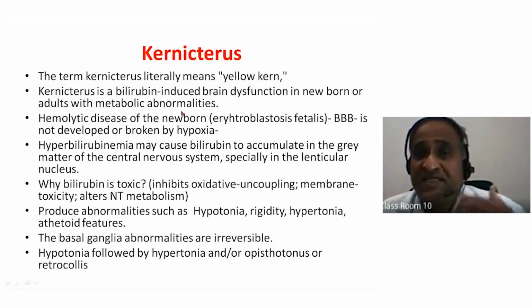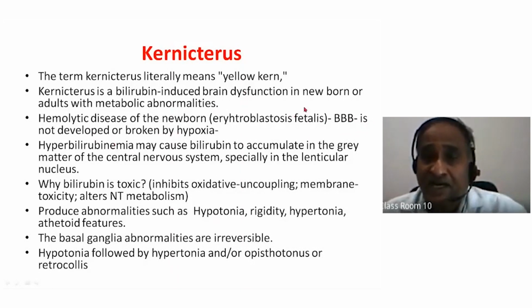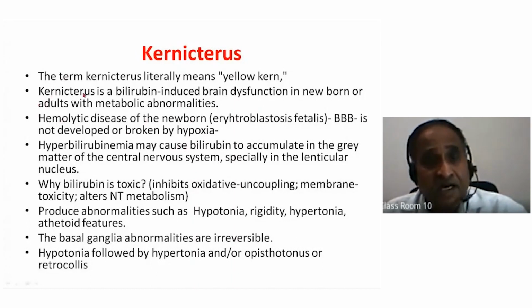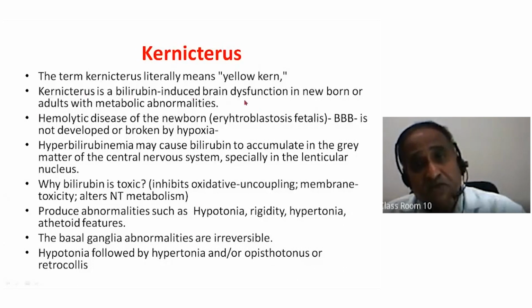So it crosses the blood-brain barrier, and you know that bilirubin is attached to albumin, and albumin-attached bilirubin will not go, but there are some bilirubin transporting mechanisms that would reach the brain. Now coming back here, kernicterus is a bilirubin-induced brain dysfunction in a newborn or adults with the metabolic abnormalities.